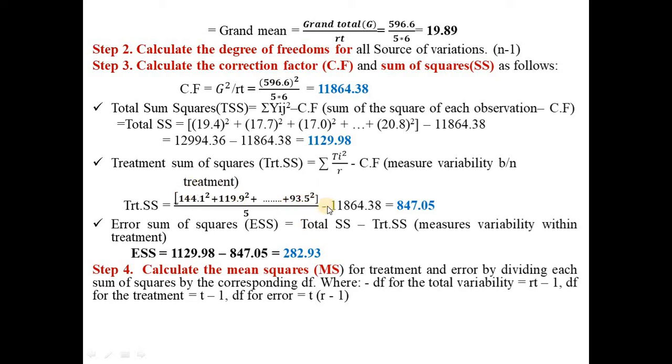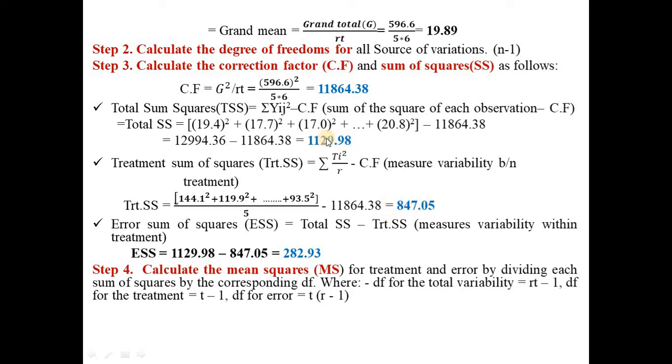By dividing this sum value by the replication of 5 and subtracting the correction factor, we can get that treatment sum square value.